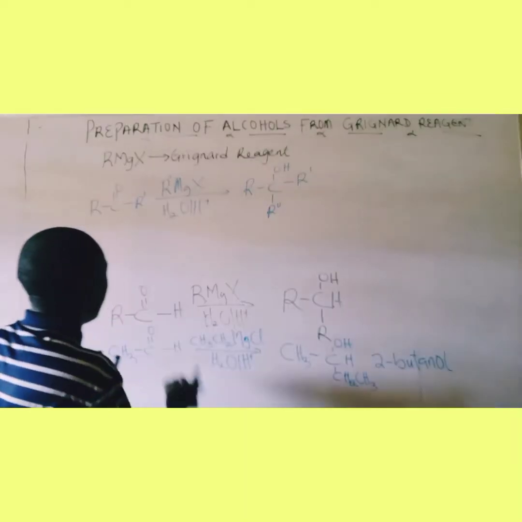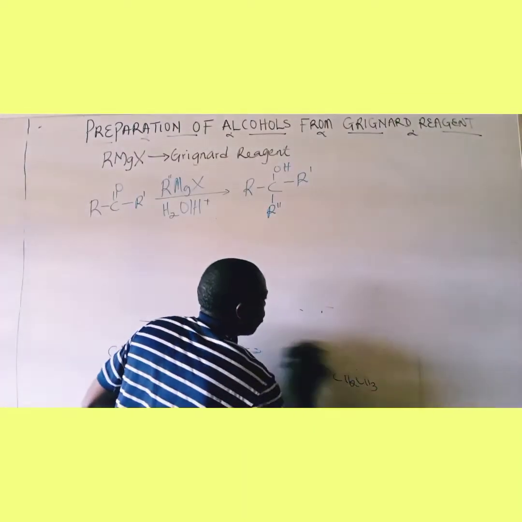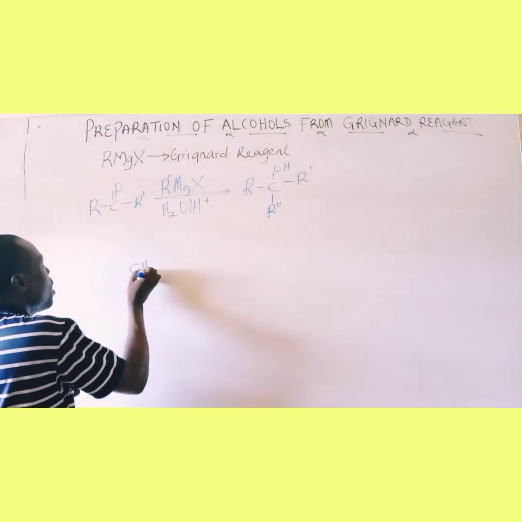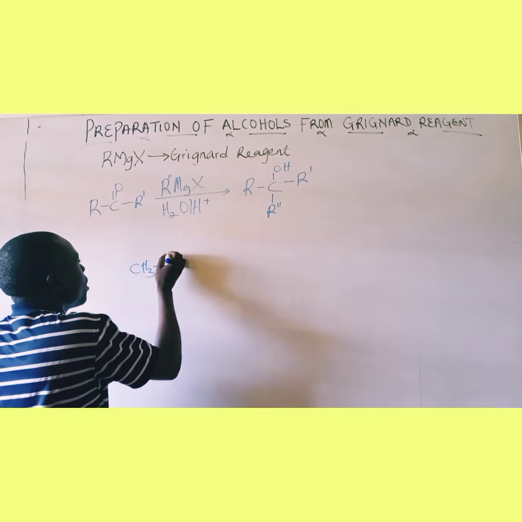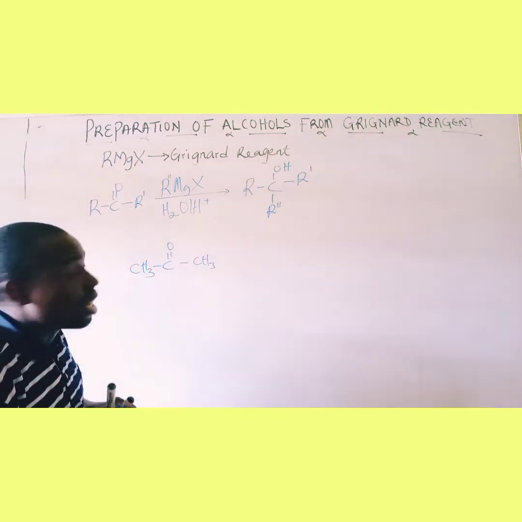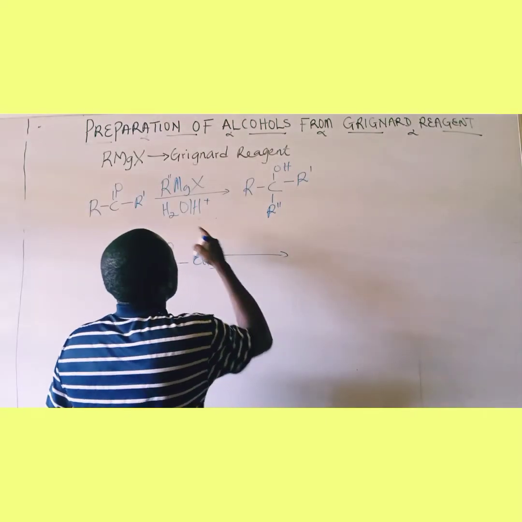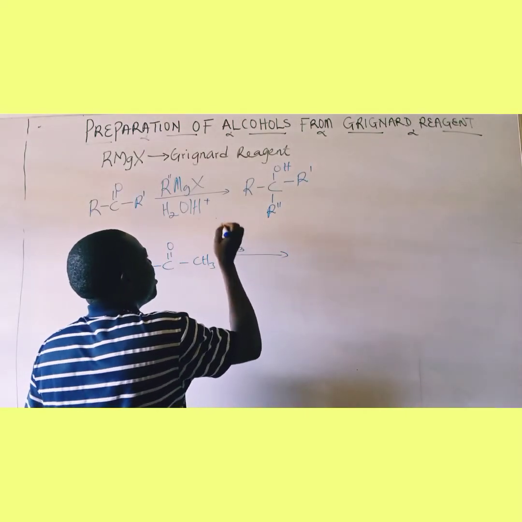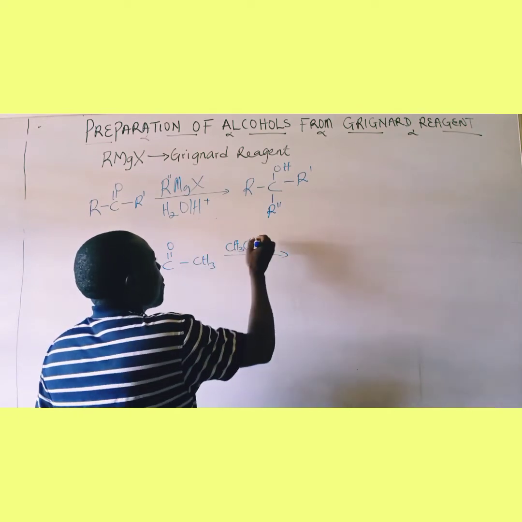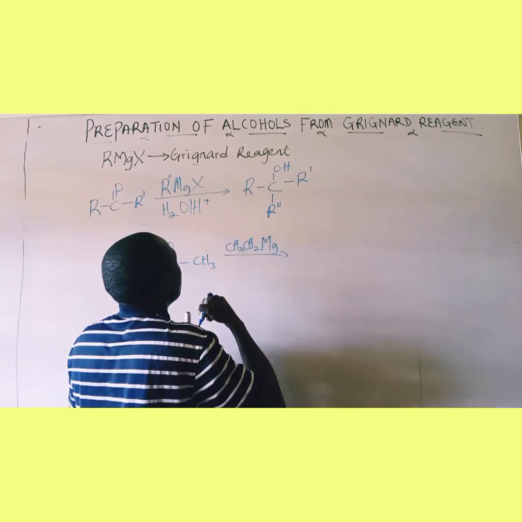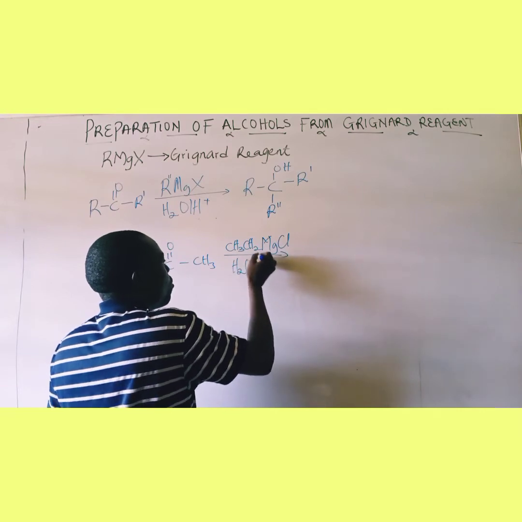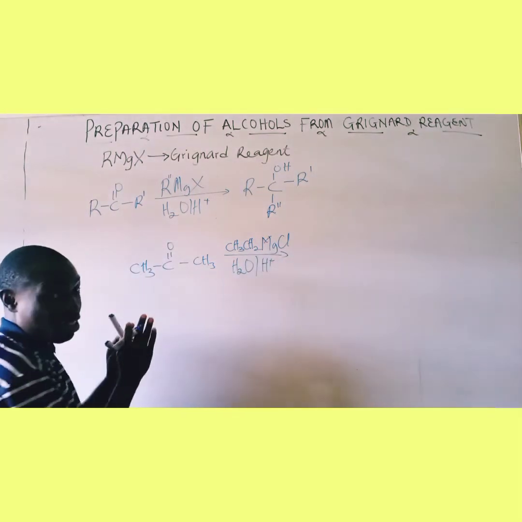Now we will take a given illustration to buttress our point. If I'm having CH3 here and also CH3 here, which is acetone, and then CH3CH2MgCl, then H2O, then H. Look at the rule.